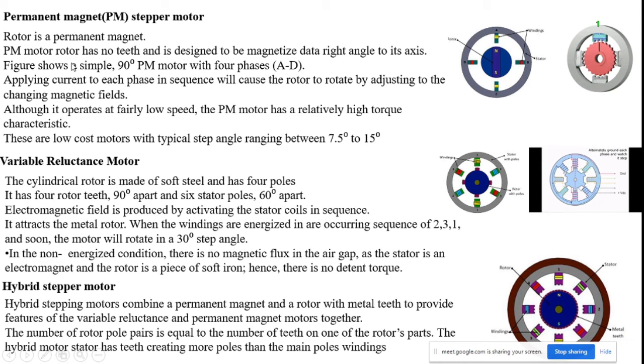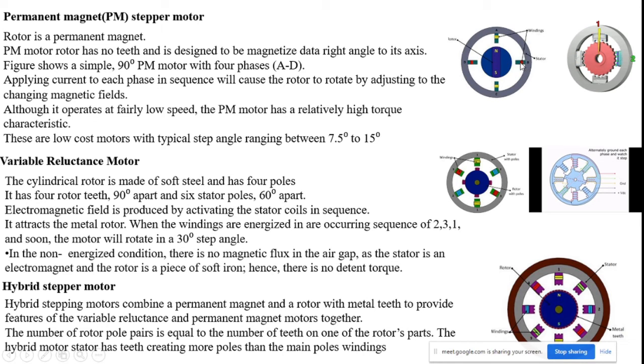The PM motor rotor has no teeth and is designed to be magnetized at a right angle to its axis. The figure shows a simple 90-degree permanent magnet motor with 4 phases A, B, C, D. Applying current to each phase in sequence will cause the rotor to rotate.